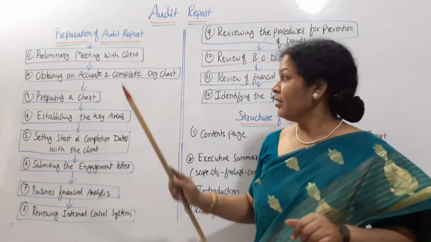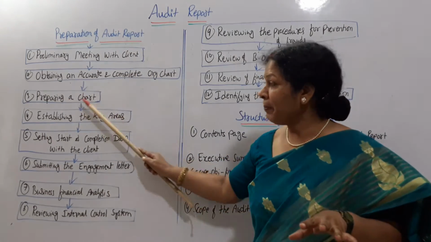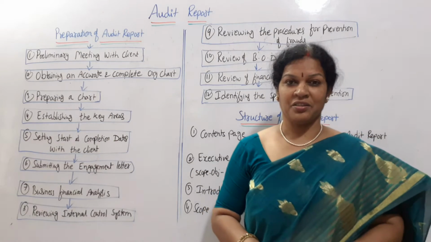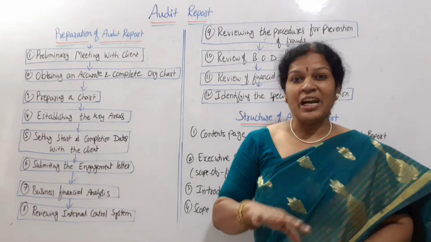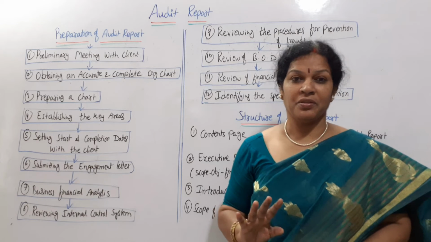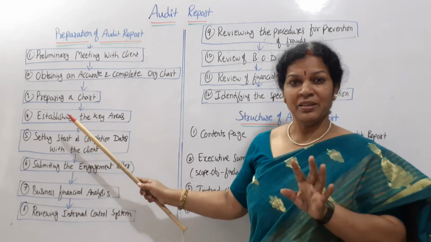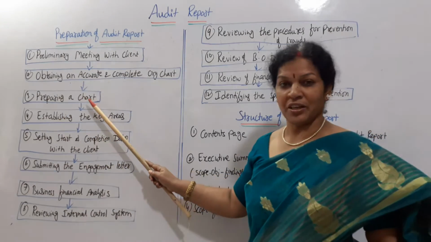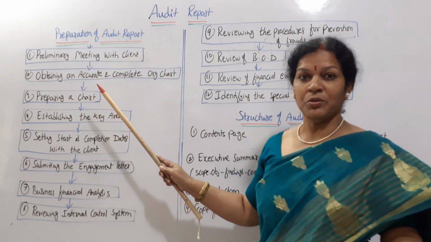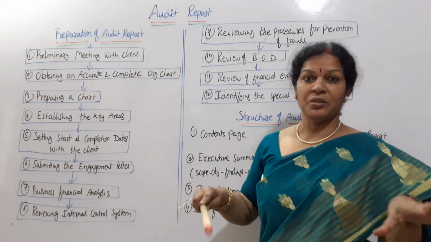Then after that, preparing his own chart. This chart will be useful for the proper presentation of the audit report, so that it will be easy for him to explain the audit work to the client.